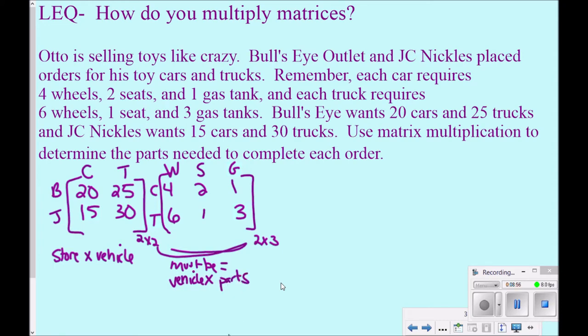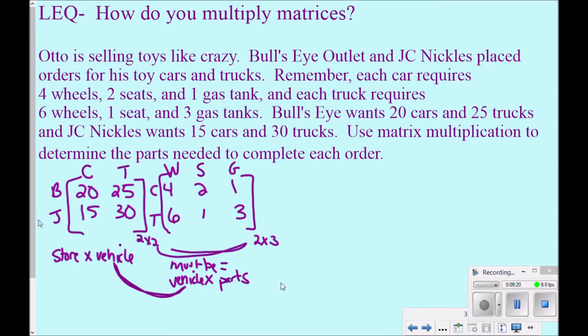And not only should we check that the inner dimensions are equal in order for multiplication to be possible, but we should also check that the inner labels, in other words, the column labels for the first matrix have to match with the row labels for the second matrix. And if they don't, then you're going to have to adjust things.